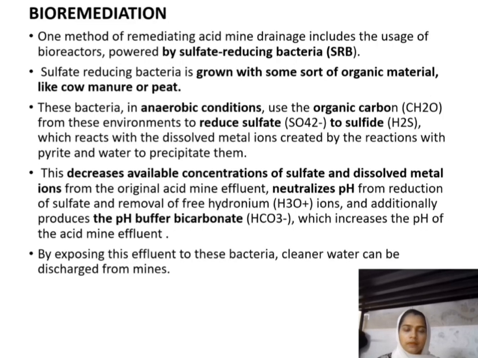When we add cow manure or that kind of organic material with the sulfate reducing bacteria to the mine, it will act on the sulfate and reduce the sulfuric acid, so that we can form a pH buffer, bicarbonate. So it will maintain the pH of the acid mine drainage and also neutralize it.